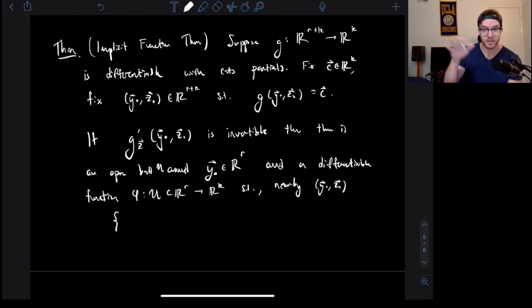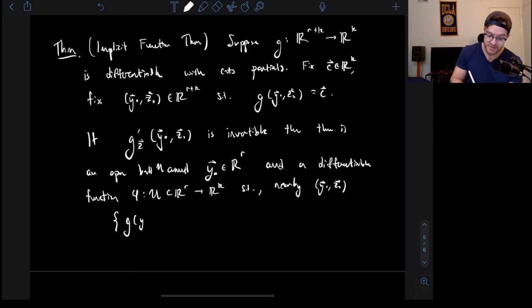So nearby our fixed point, the set of points (y, z) satisfying this system of equations is the set of points (y, z) of the form z equals phi of y.